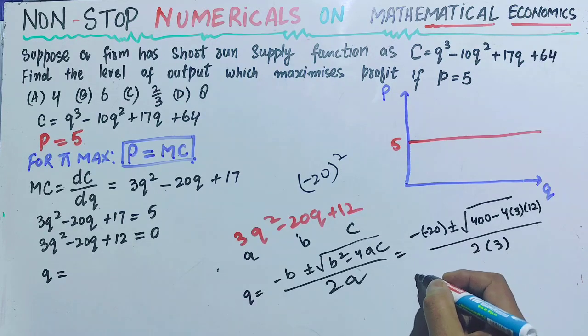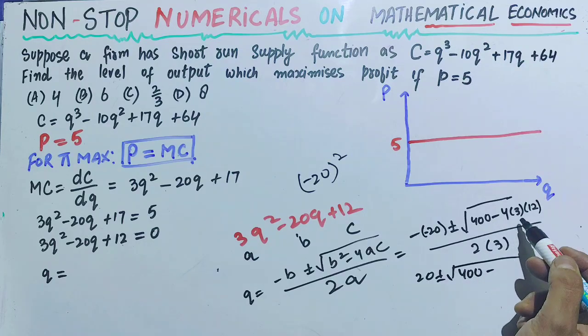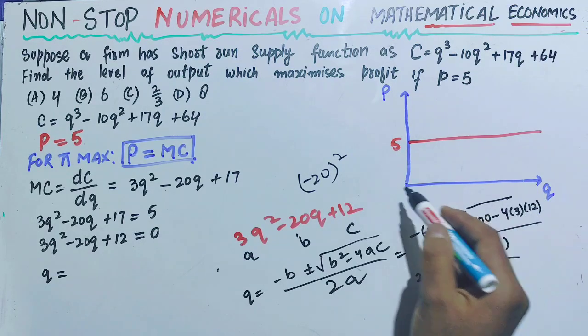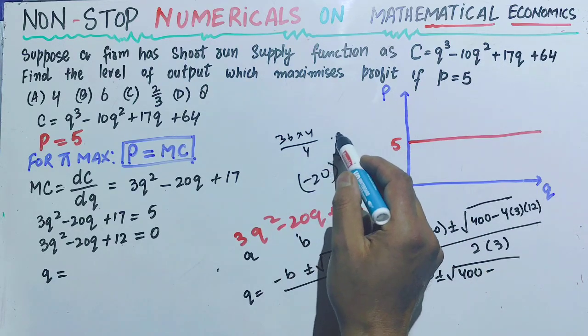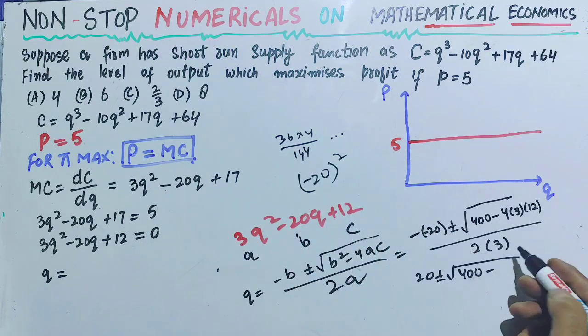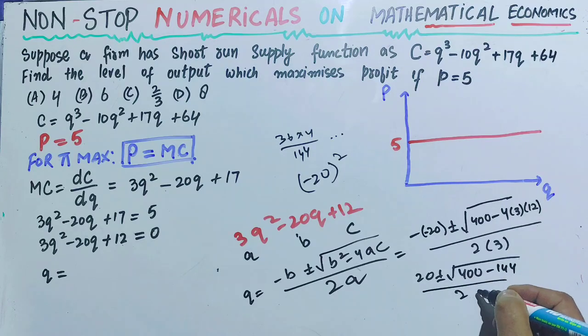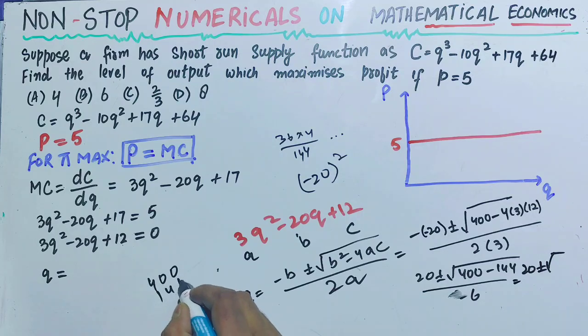So we get here 20 plus minus square root of 400 minus, 12 3s are 36, so 36 into 4, 4 6s are 24, 4 3s are 12, 13 and 14, 144, divided by 2 times 3, which is 6. So we get 20 plus minus square root of 400 minus 144, so we have 256.